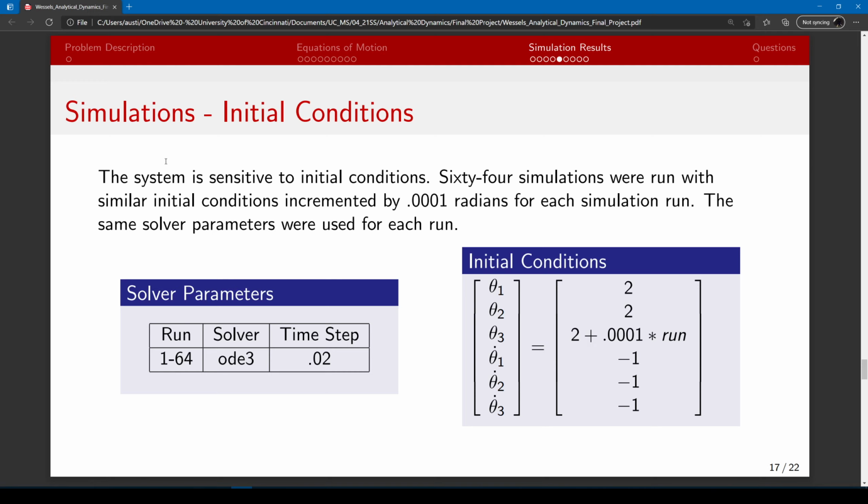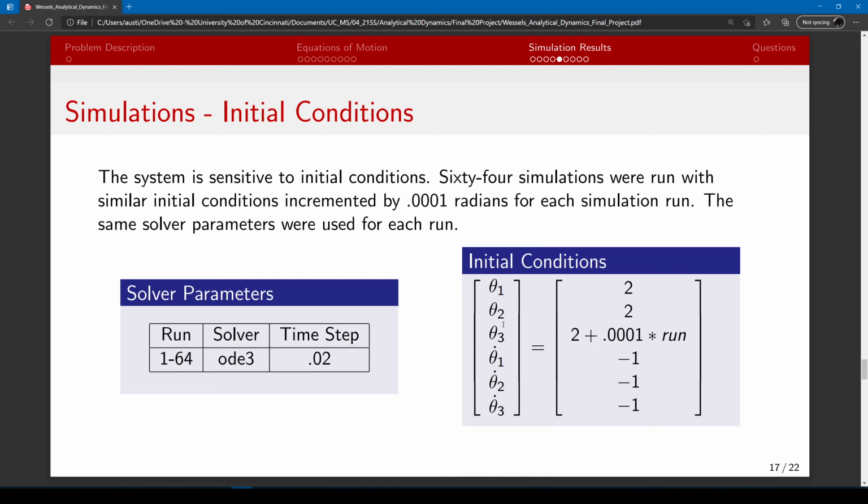So here is the real good-looking simulation. For this one, similar to the prompt for this project, we're going to run 64 pendulums, a few more than were in that original prompt. We're going to use the ODE3 solver with a 0.02 time step.